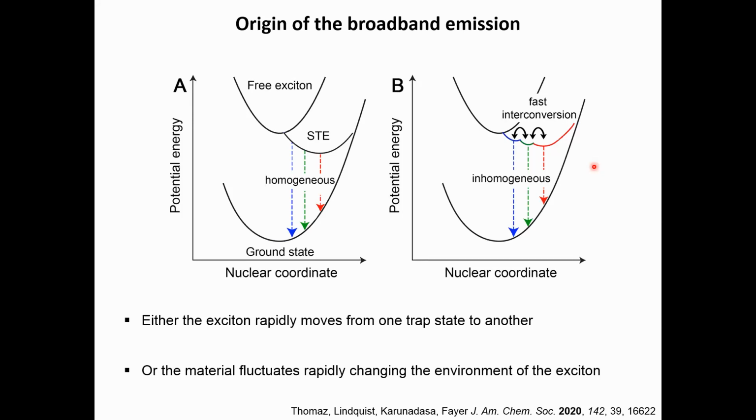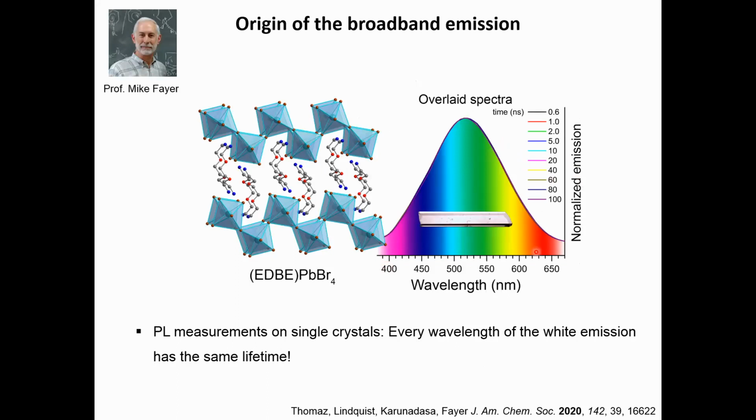So our understanding now is that we generate excitons. They do get trapped, but then the lattice moves around it, and therefore it samples different potential energies, and that gives rise to all these colors, and also explains the fact that all of these photons have the same lifetime.